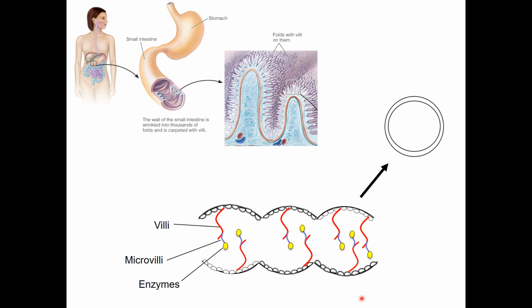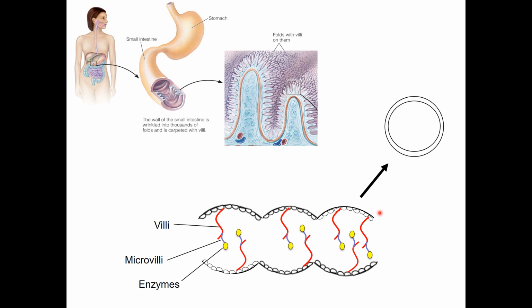One other thing that I want to point out is here we have an arrow pointing to this cell over here. This is supposed to show us that each one of these cells that is on the wall of the intestine actually has a barrier around it, or what we call a cell membrane. And so even though we said the nutrients are being absorbed into these cells, those nutrients need to first find a way to pass the cell membrane in order to enter into the cell and actually be absorbed into the cell itself.